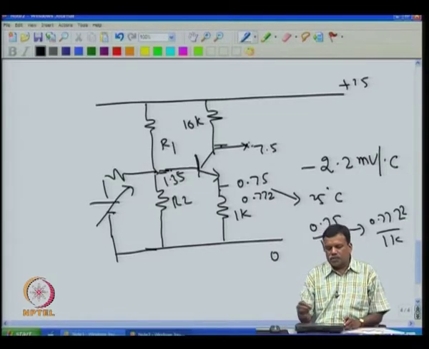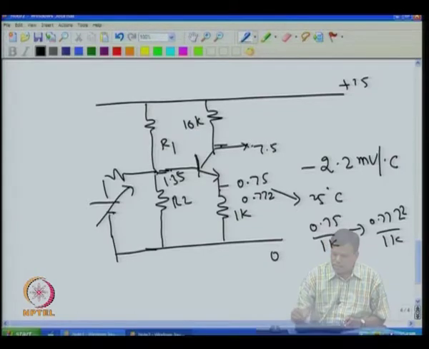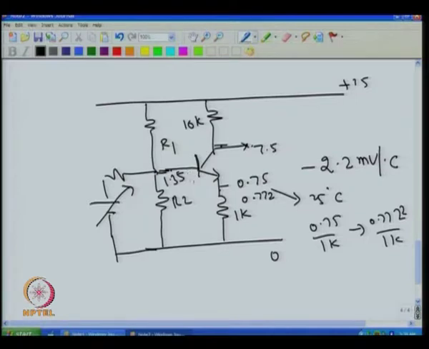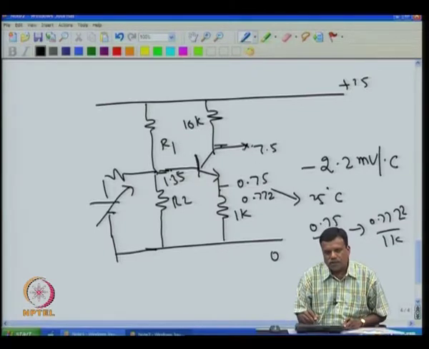That means, voltage at this point changes because of this voltage change and because of this base emitter voltage change. Now, this is a serious problem because we are looking at the voltage at this point to reproduce what is happening here, but the voltage at this point is not dependable because it changes even if this changes or if the temperature changes.